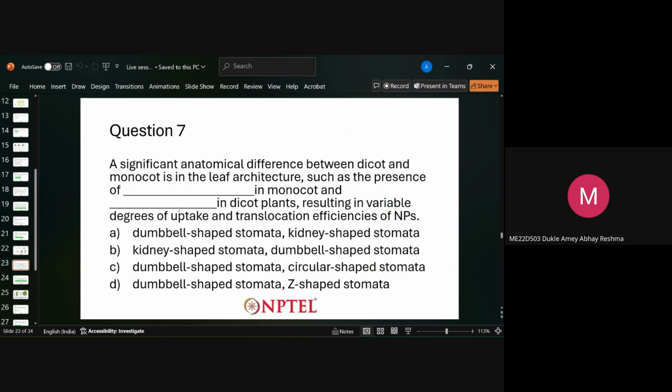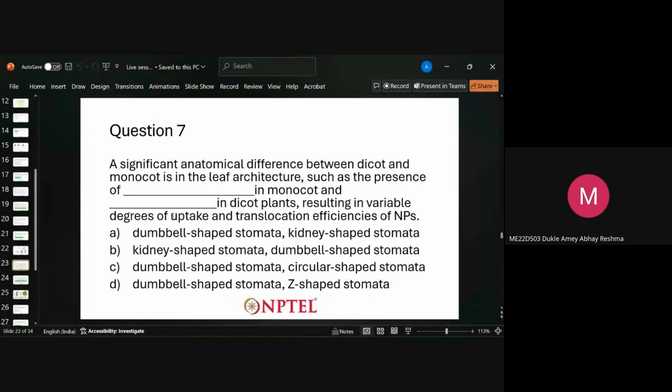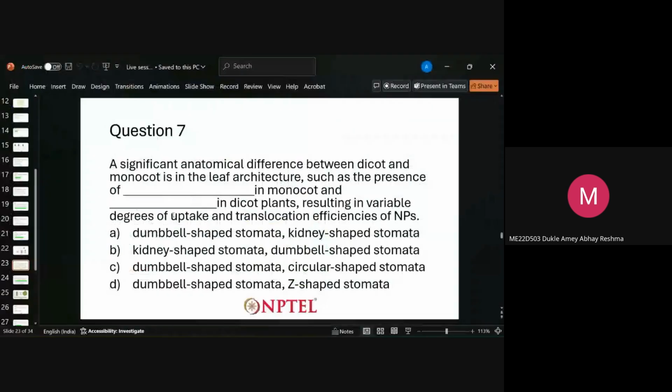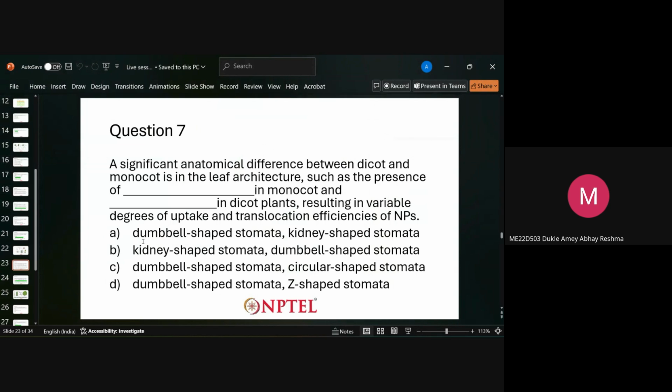The seventh question: a significant anatomical difference between the dicot and monocot in the leaf structure, such as the presence of dash in the monocot and dash in the dicot plant, resulting in variable degrees of uptake and translocation efficiencies of nanoparticles.